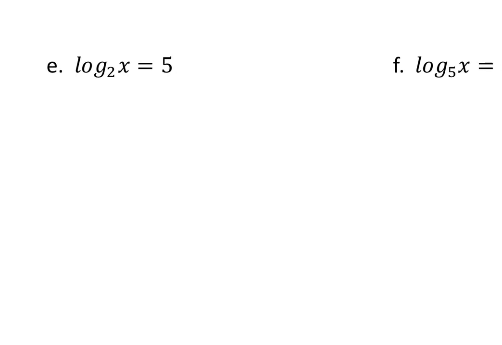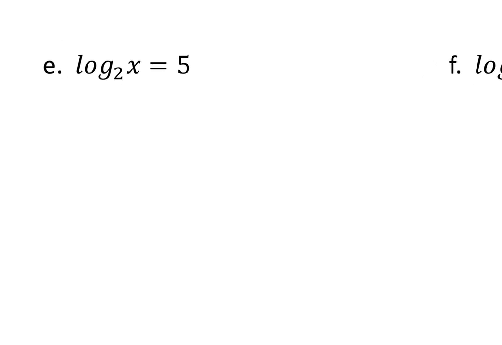We're going to get into some other bases now. For instance, we have log base 2 of x equals 5. It already has the base, so we don't have to worry about that. And we're going to start with our around the world. So we get 2 to the 5th equals x.